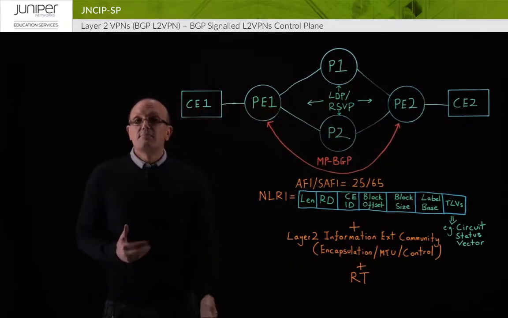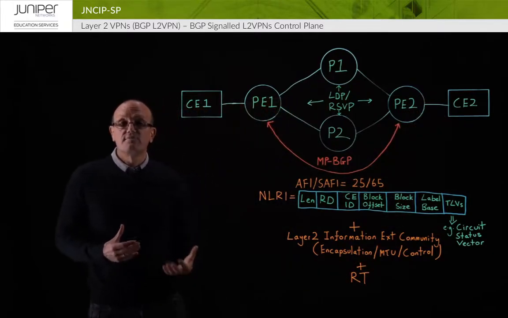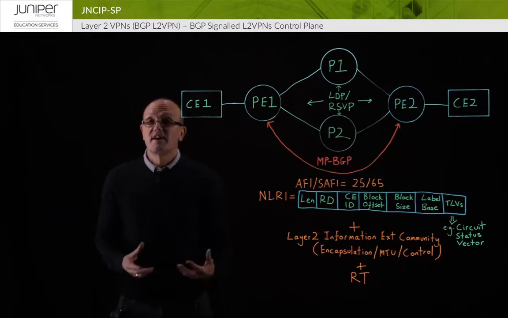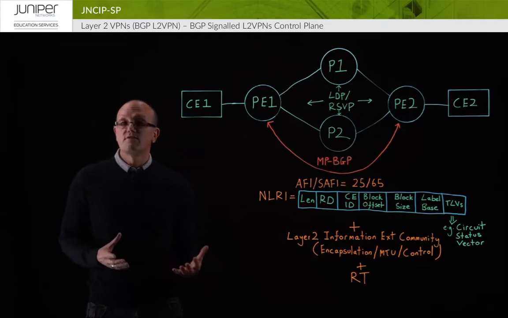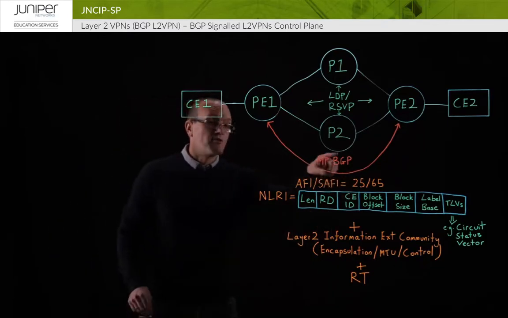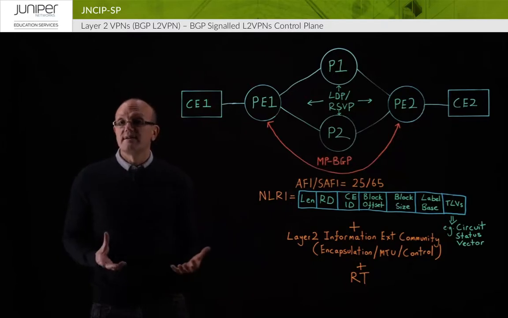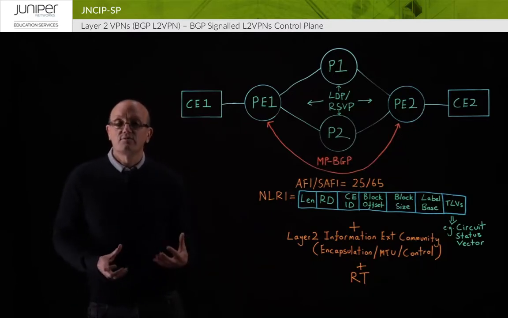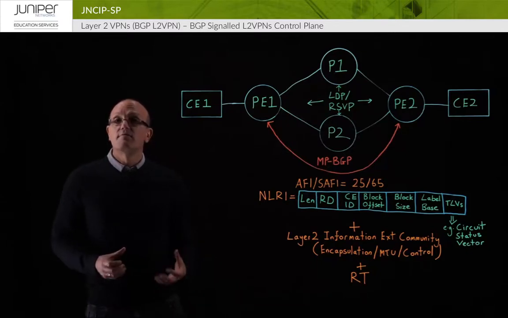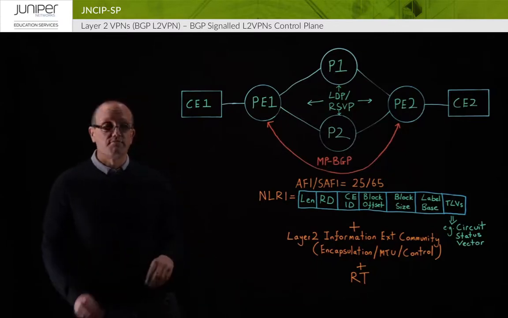Because we're providing signaling for these point-to-point links, compared to a Layer 3 environment where we're providing signaling for routing, the information that we're carrying in multi-protocol BGP is going to be different. Let's analyze what L2VPN signaling looks like now from the perspective of multi-protocol BGP.